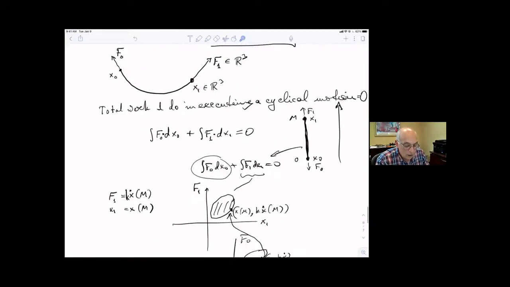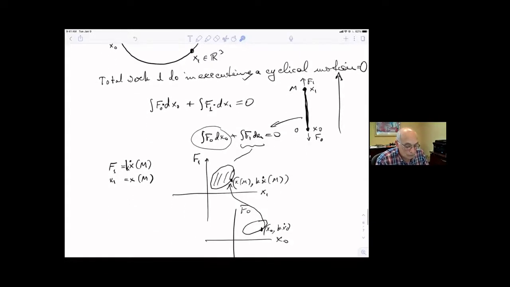That means we were talking about the total energy of this slinky. Anyway, I just wanted to give an illustration.